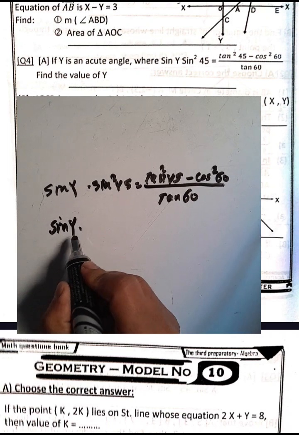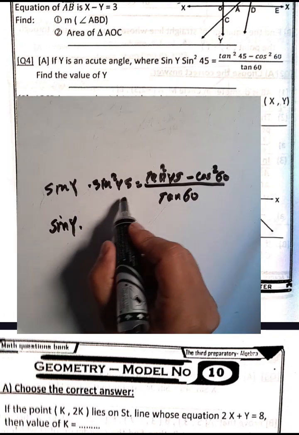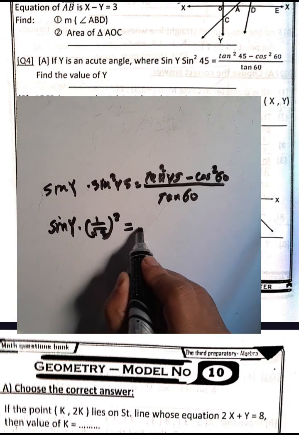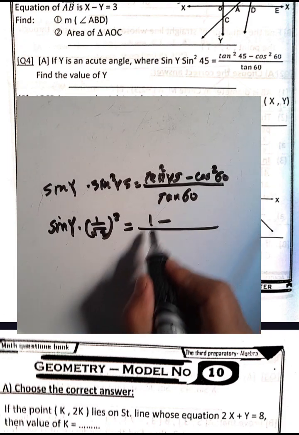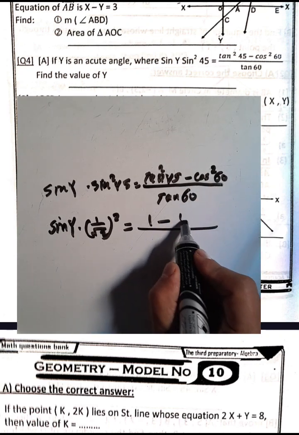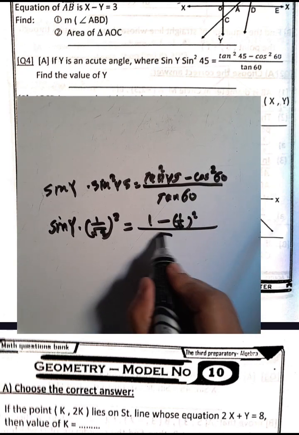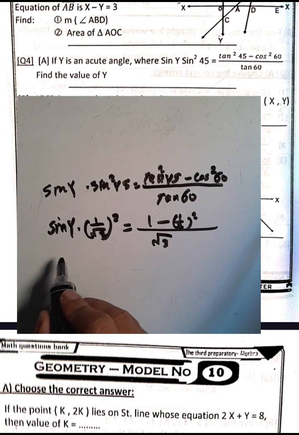Sine y equals sine 45, it will be 1 over root 2 all power 2, and tan 45 will be 1 power 2, 1. Cosine 60 will be half, and then we write half power 2, and tan 60 will be root 3. Then we can simplify it.